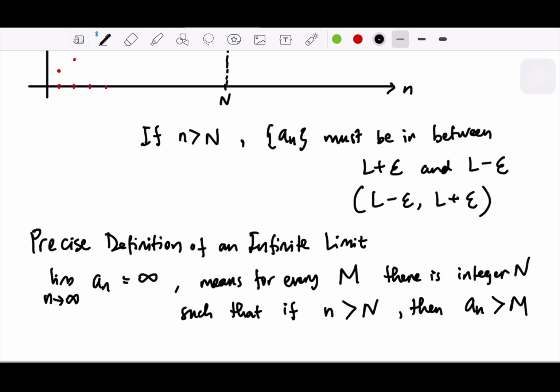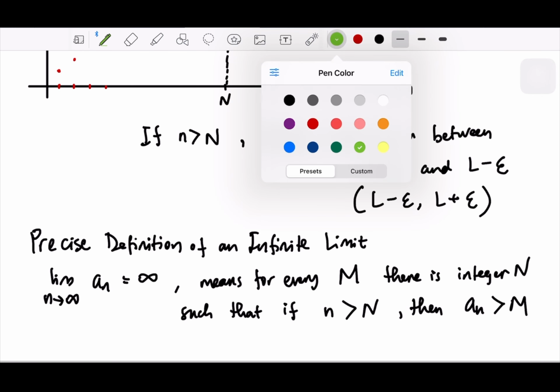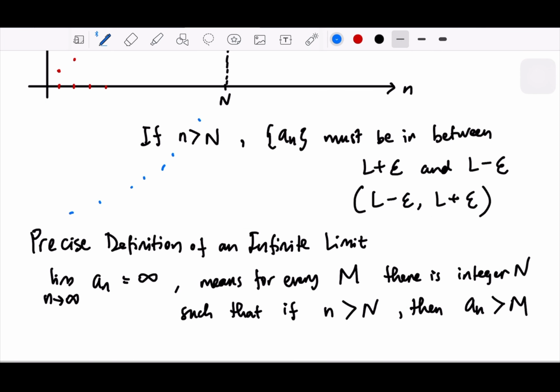When you increase the integer, like A1, A2, A3, A4, A5, if they behave as an infinite limit, then no matter how you choose your n, your a_n is going to be greater than M. It's always increasing, and you will not get any closer to some number because it's going to infinity.